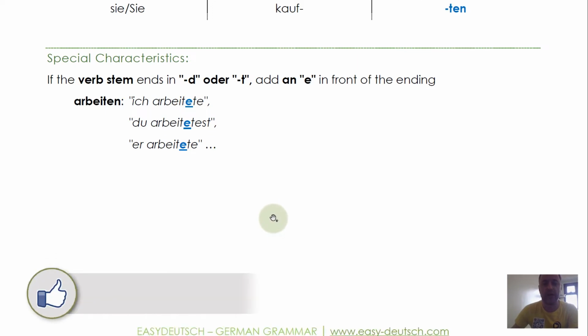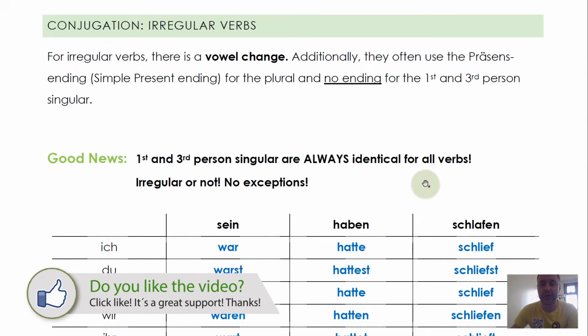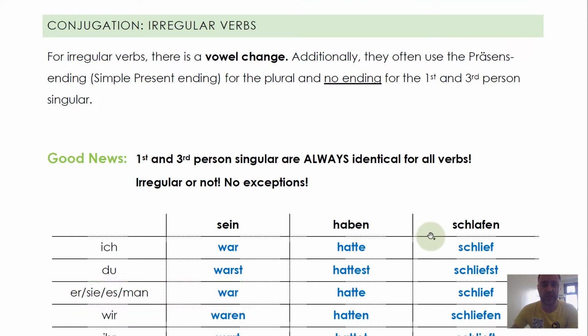But now let's have a look at irregular verbs. The good news here, I gave it to you already, first and third person are always the same. But irregular verbs use vowel changes, and there are way more vowel changes in Präteritum than in the Präsens.